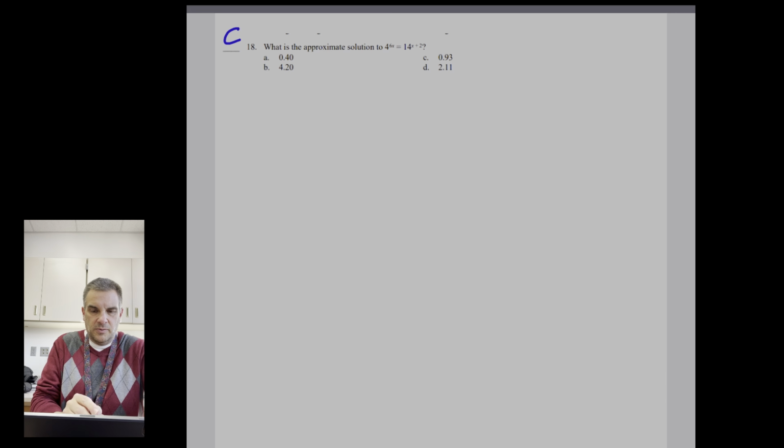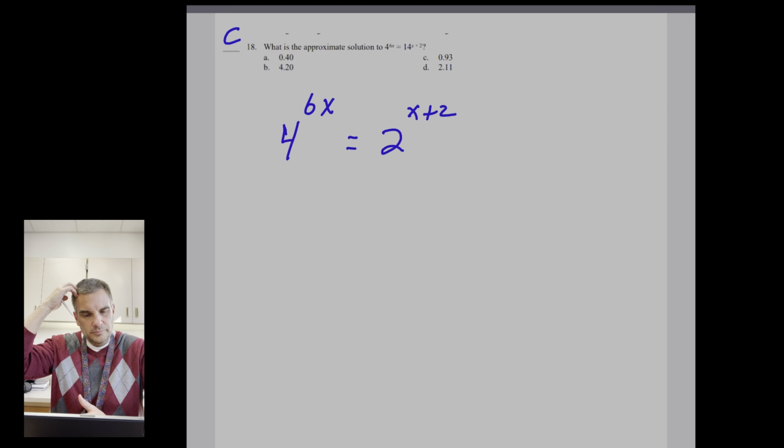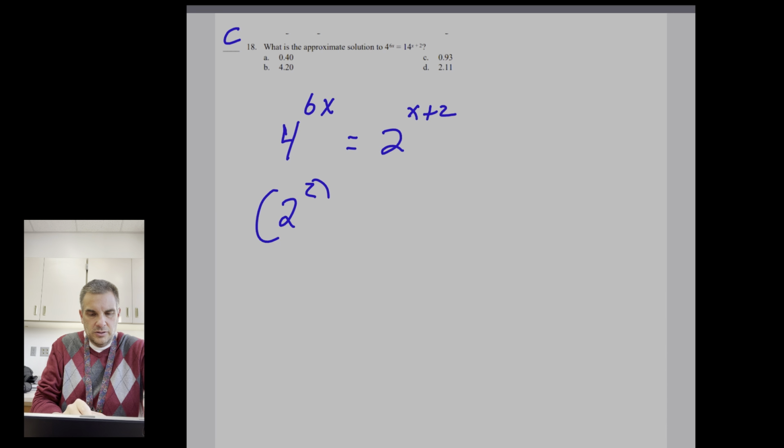If we do this type of question, I'm going to do something like 4 to the 6x equals 2 to the x plus 2, where you can make the bases the same. So 4 is 2 squared, so this would be 2 squared to the 6x equals 2 to the x plus 2.